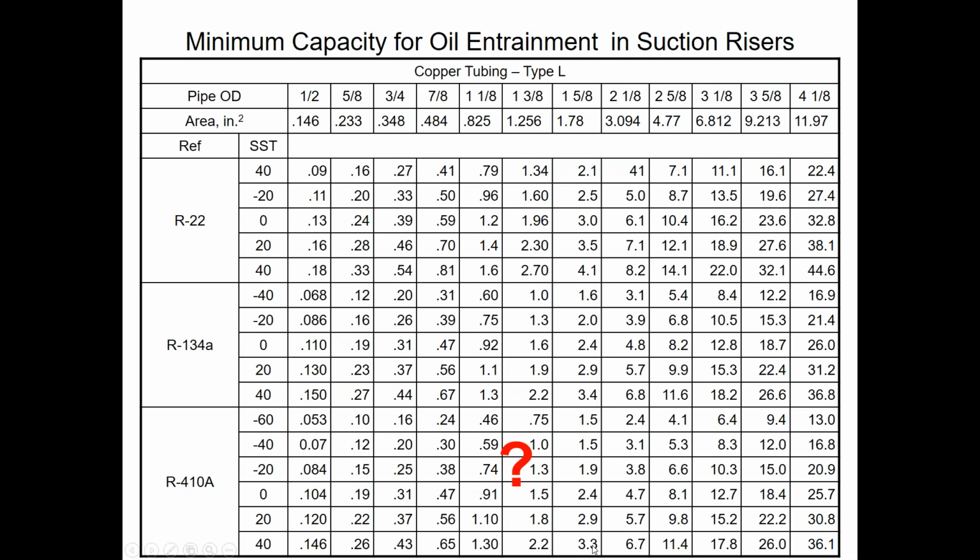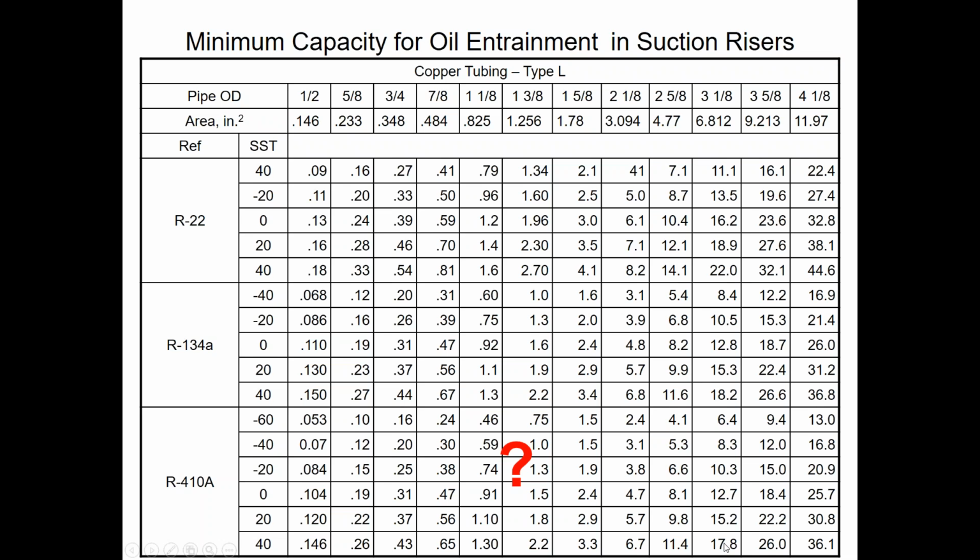For comfort cooling, we need 3.3 tons minimum available capacity to entrain oil up a 1 5/8 suction riser. Okay, so that's how these work. If you've got a 3 1/8 suction riser, you need 17 tons with 410A at a 40-degree evaporator.